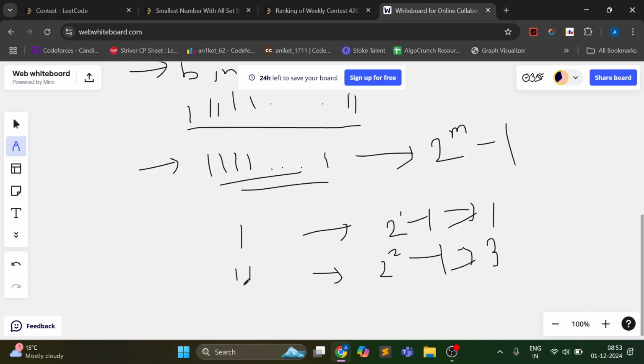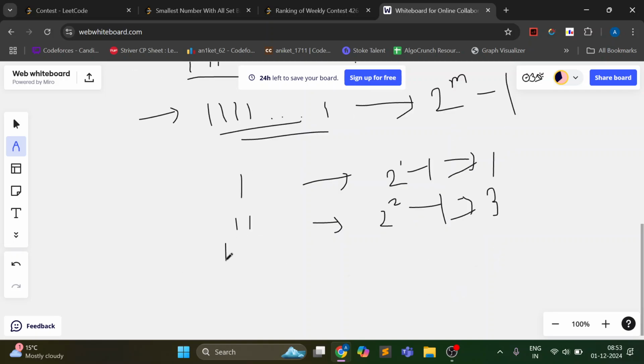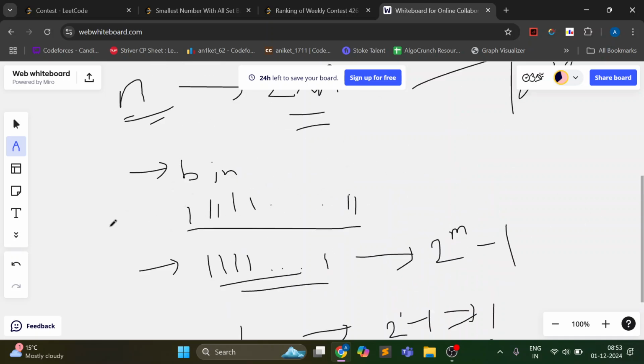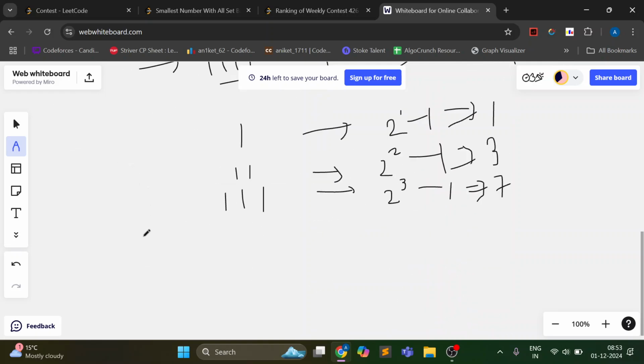So 3 is binary representation of 11. Similarly for three 1s, its representation would be 2 raised to power 3 minus 1, which is equal to 7. So this way you can do it. So this is the brute force approach.